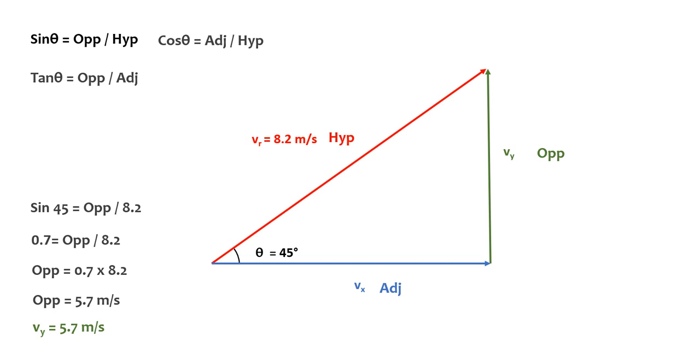You can either use trigonometry, or if you want, you can use Pythagoras' theorem. It's entirely up to you, but I'll pause here and you can work that out. Okay, you should have got 5.7 again, so 5.7 meters per second vertically and horizontally.